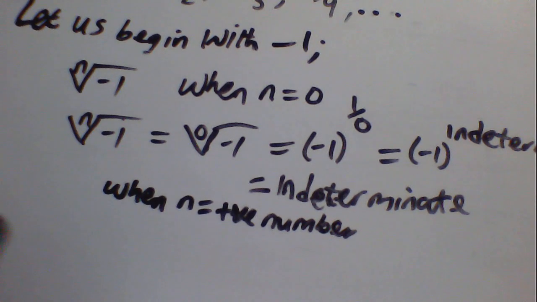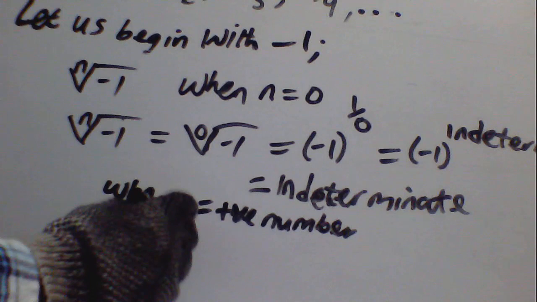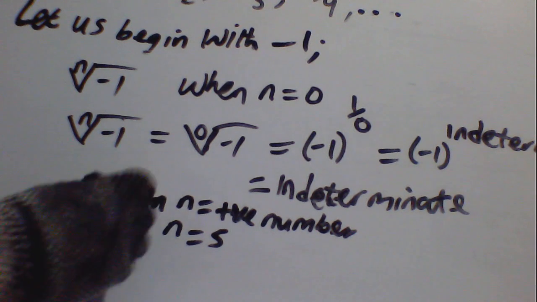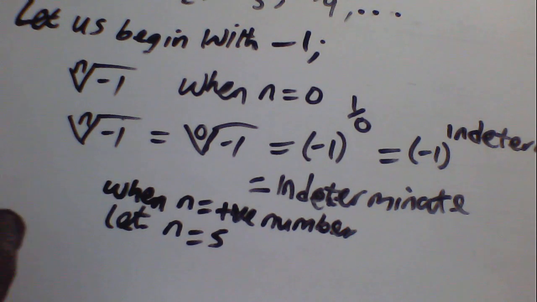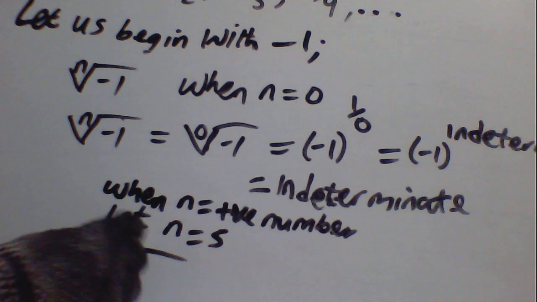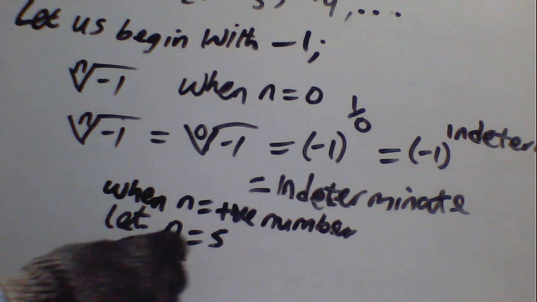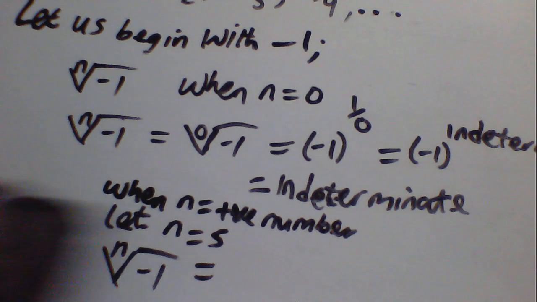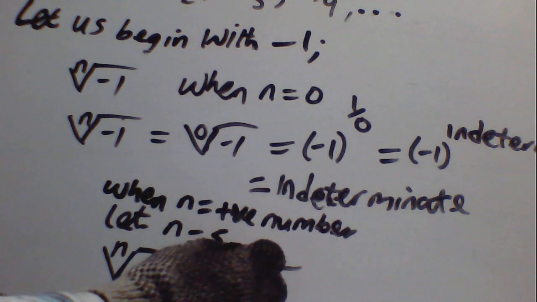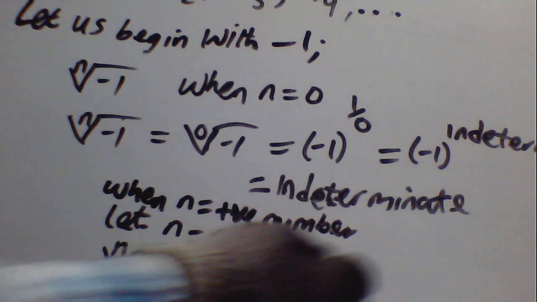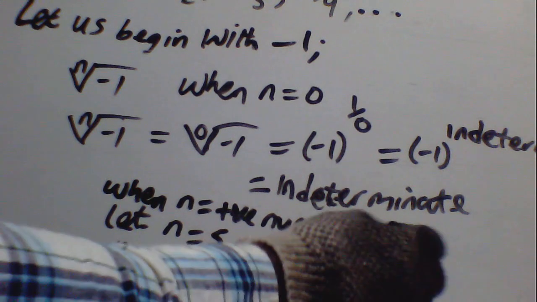In this case, let n be 5. So we have n here, we have minus 1. In this case, we have minus 1 to the 5th root. You can write it in exponent form for clarity. You have 1 over 5.